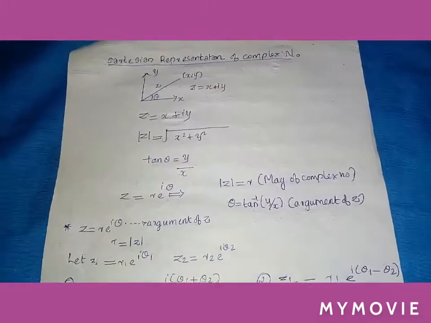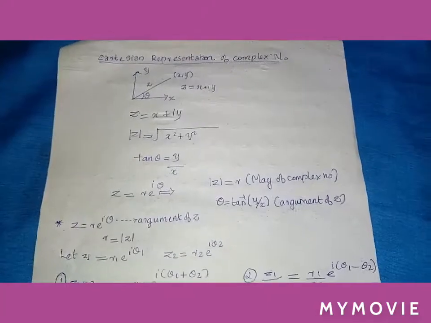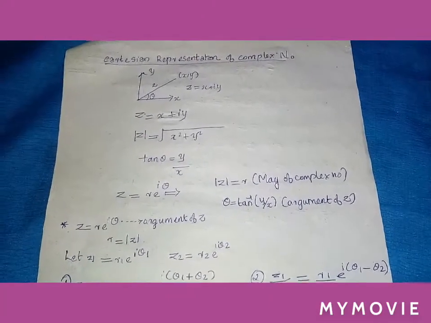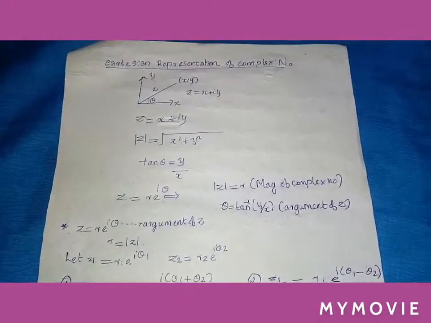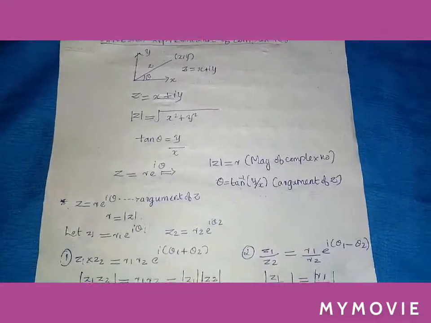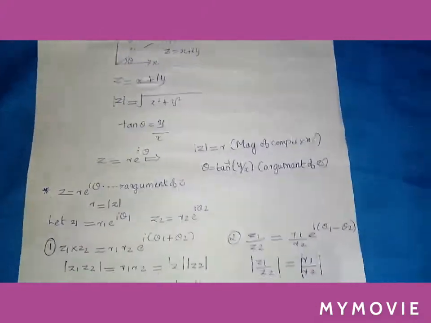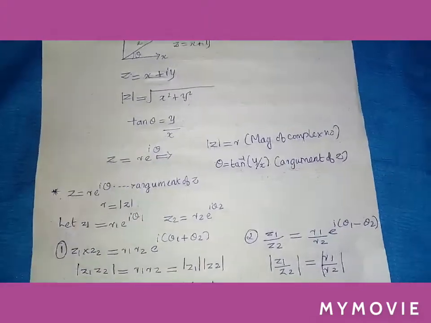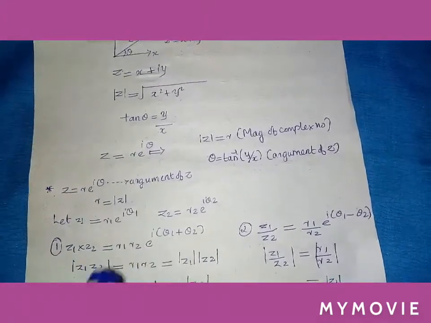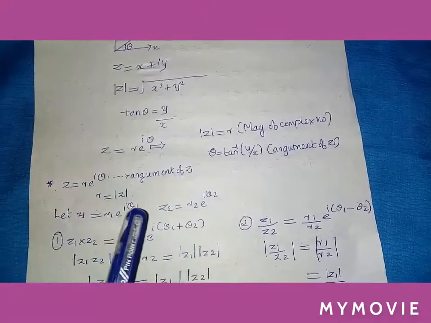So we can represent the number in the Cartesian coordinate system by r is equal to under root x square plus y square, and theta is equal to tan inverse y by x. z is equal to r e raised to i theta, where theta is the argument of z and r is equal to mod z.